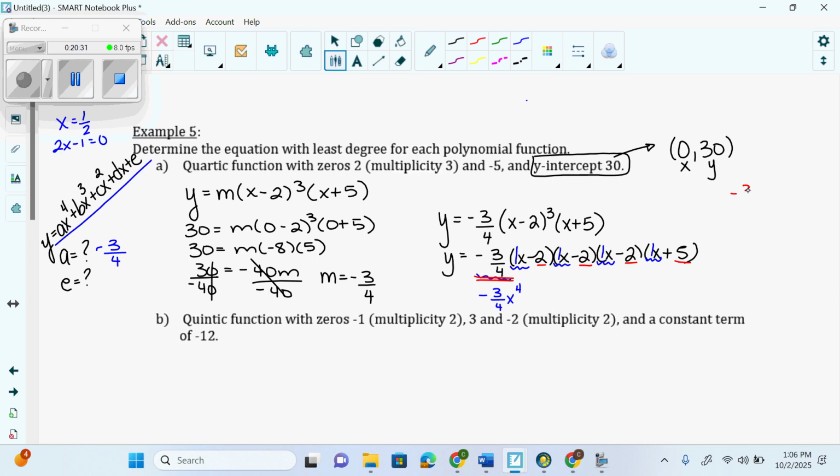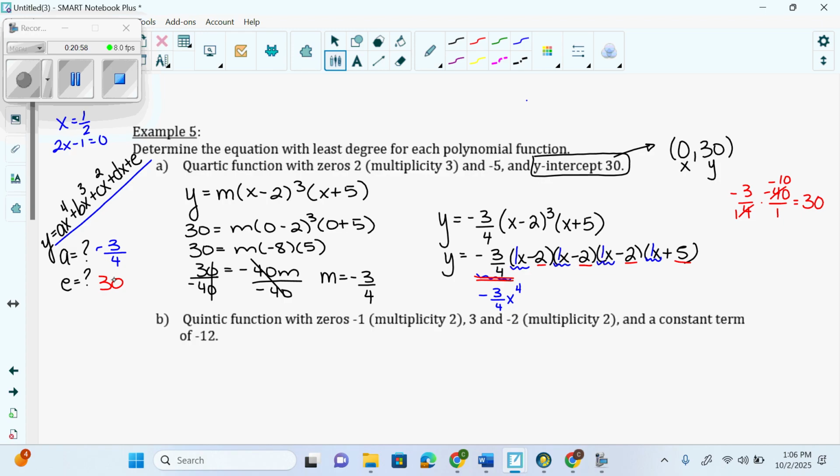So I would get negative 3/4 times negative 40 over 1. This cancels, that comes to negative 10, and I get 30. So my constant would be 30. Do you see how I can find those without having to expand the whole thing out? If they asked for b, c, or d, sorry, you have to expand the whole thing. There's no way you can go right to this. You will always have to do that.